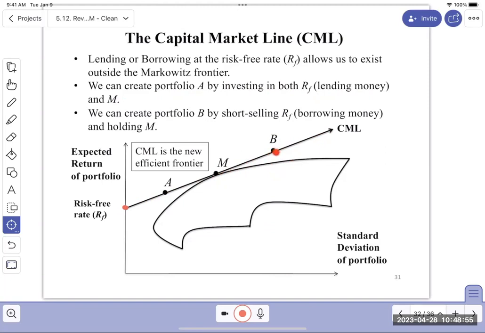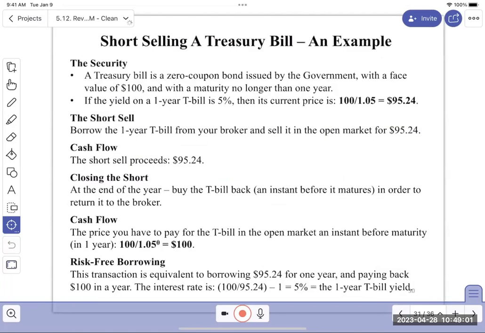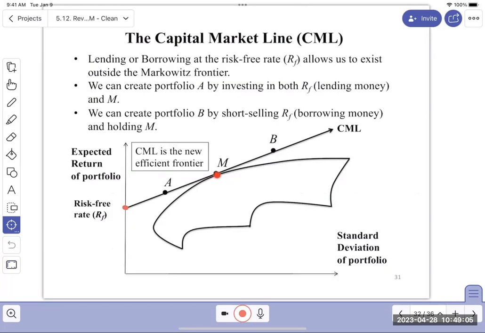They get here by short selling T-bill and using the proceeds, right? That $95 and 24 cents, they put it towards the market portfolio. And they can realize a greater investment because the return on the market portfolio is much higher than the average return on the T-bill.